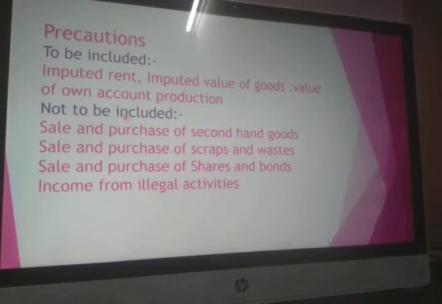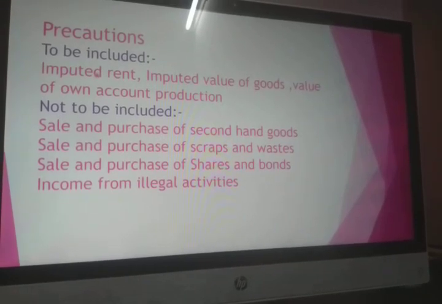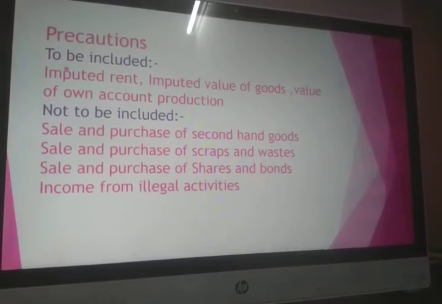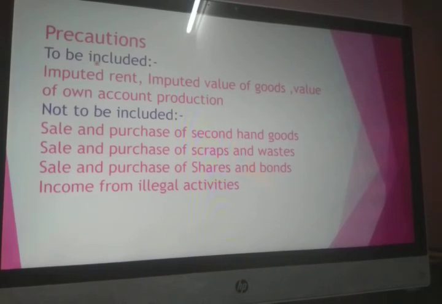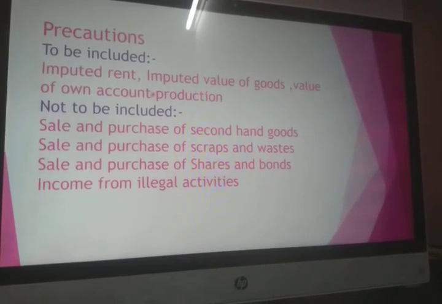Now the precautions. What precautions do you need to consider while using this method? First of all, what we have to include in this method is imputed rent, or imputed value of goods, or the value of own account production.